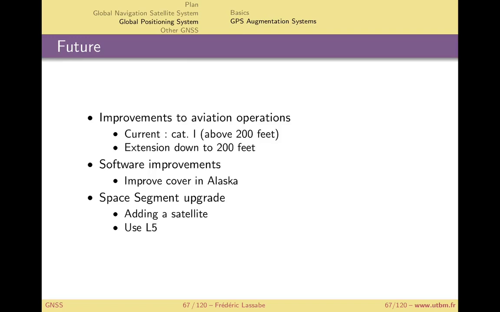With software improvements in signal processing, maybe the Alaska will be covered. And the last improvement which is programmed is to add a satellite to the space segment and use the L5 frequency to further improve the corrections.